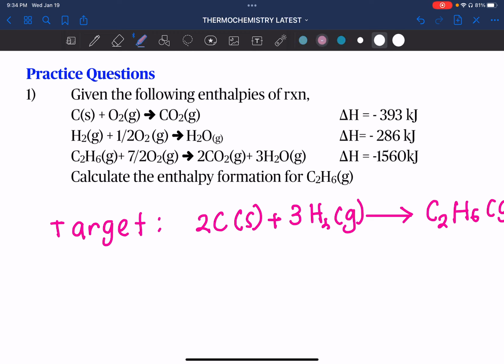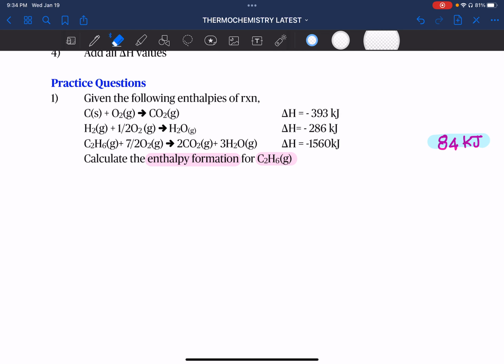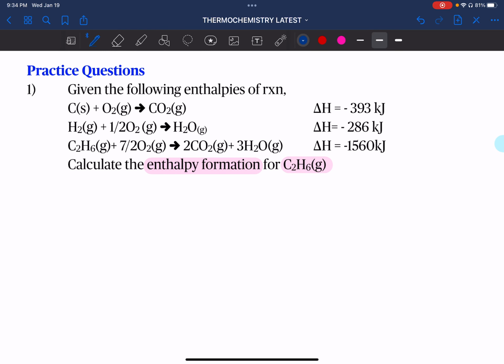So question wants you to find out enthalpy of formation for ethane. Okay, dia tidak ada bagi dalam equation. So you have to write down on your own. Sebab tu penting you faham enthalpy tu. Okay, so let's do this together.